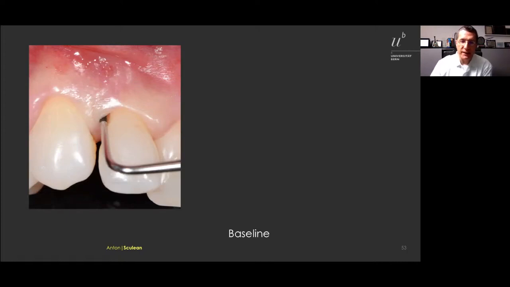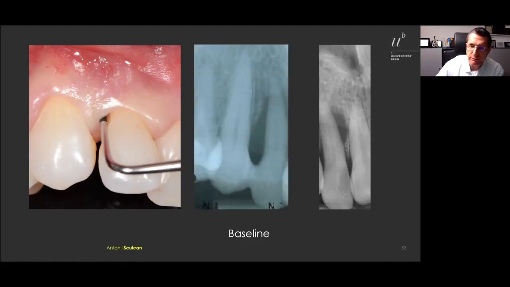Look at this case. This is a lady that was referred to me with this periodontal problem. She had in the upper lateral incisor area a probing depth of about 10 millimeters. The probe is reaching almost the apex. And if you look now at the defect on the X-ray, you can observe immediately that it is a very complex situation.